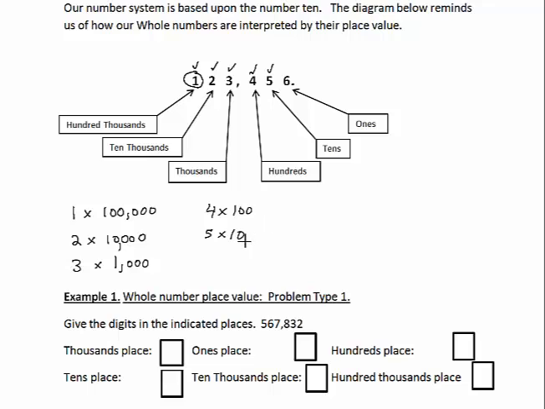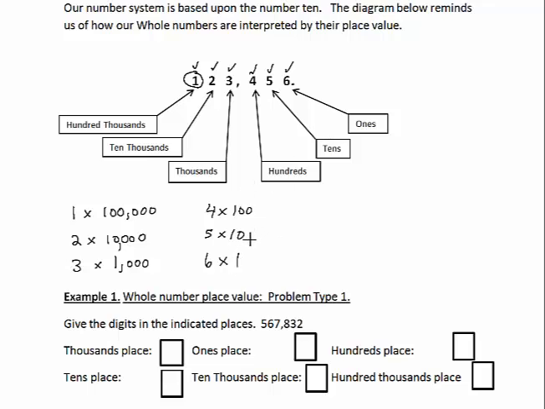Okay, so 10, 10, 100, you add a 0, 1,000, you add a 0 to the 100. Okay, our number system is based on 10. So each place over is increased by a factor of 10. And finally, we've got a 6, and we can write this, since it's in the ones place, as a 6 times 1.